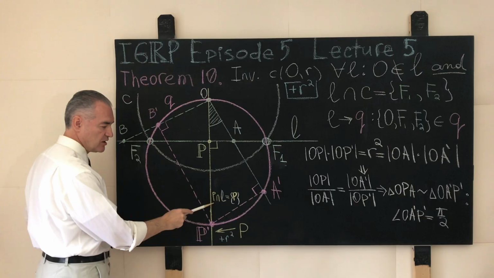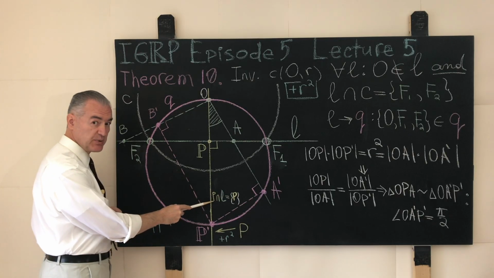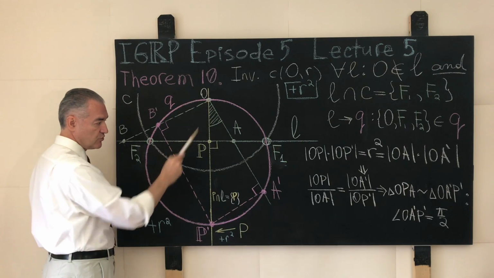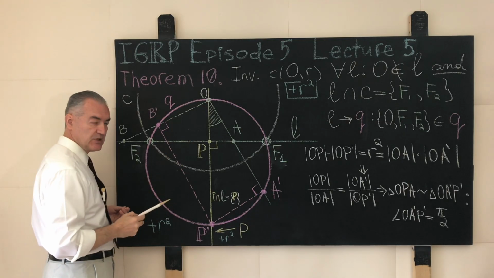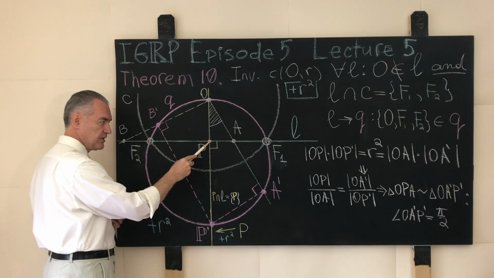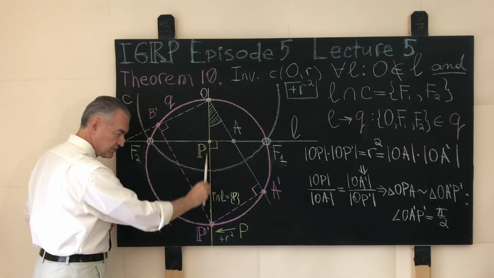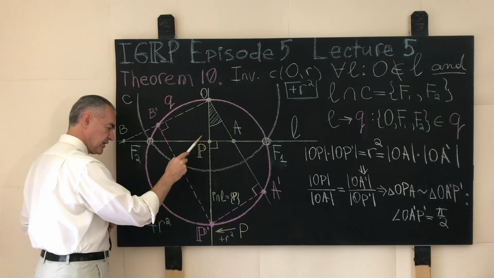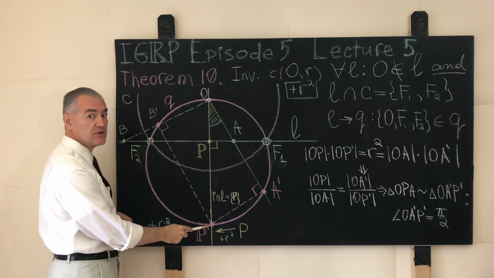Consequently, the helper yellow lowercase p straight line perpendicular to L through the center of inversion is fixed. What does it mean? The point P, where the perpendicular lowercase p and the straight line L intersect, is fixed. Its image P prime is fixed.